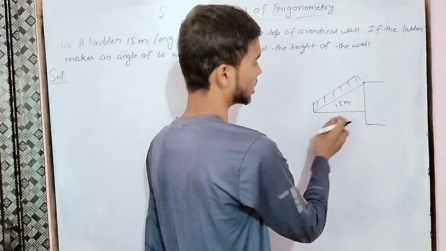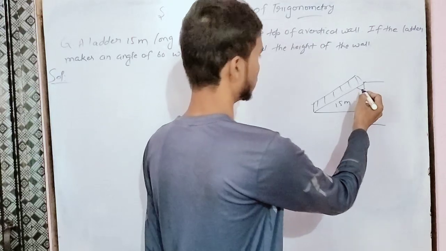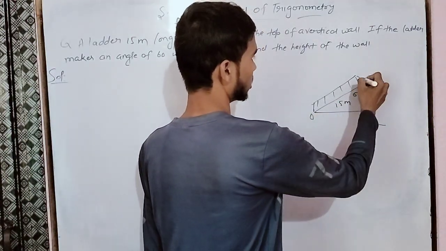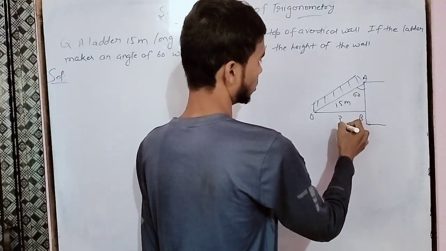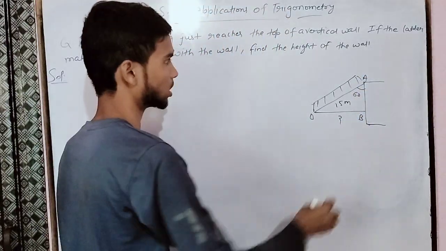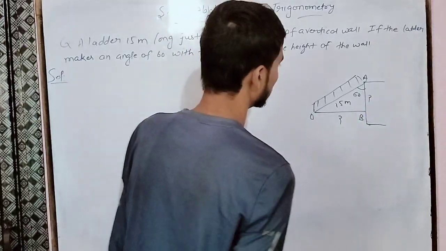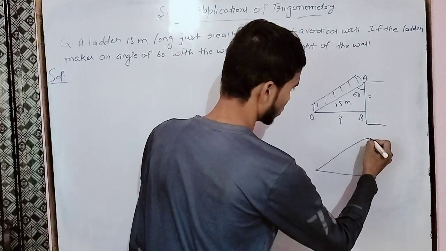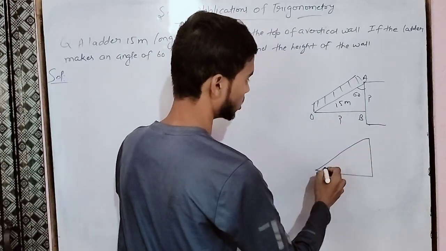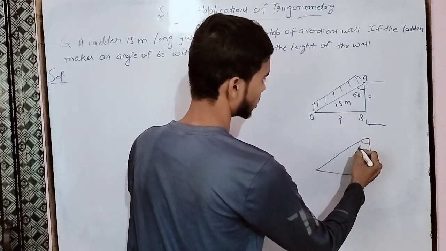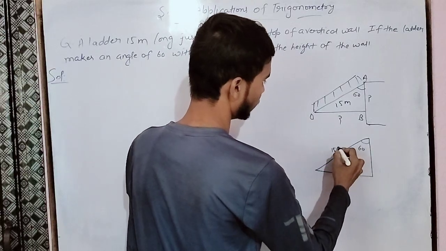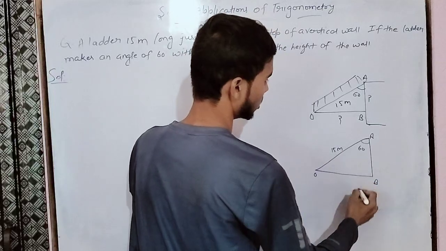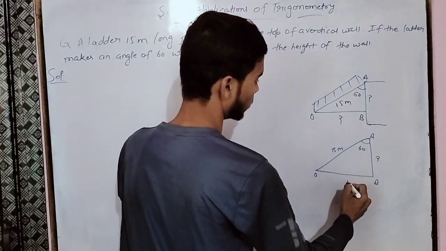So this is not the wall, this is the ground. So it is making 60 degree. We don't know this, even we don't know the measure of this. We can draw a separate figure from this figure. So this is making 60 degree, this is 50 meter, this is O, this is A, this is B.